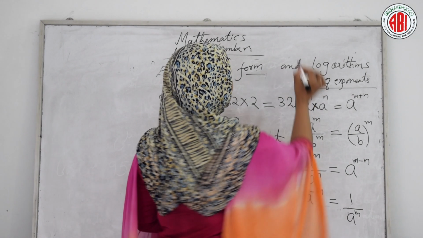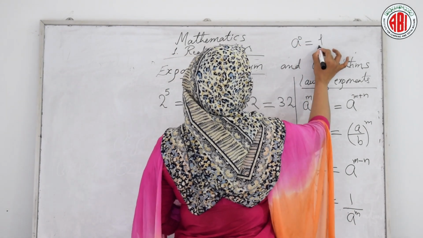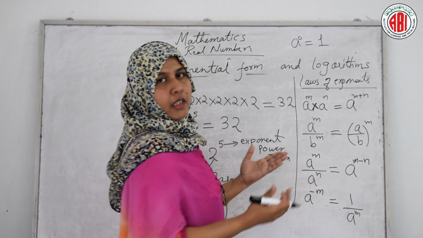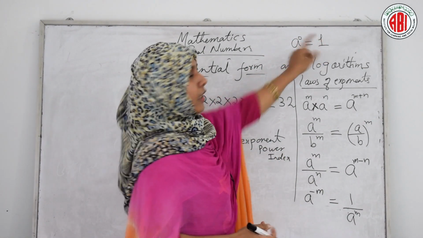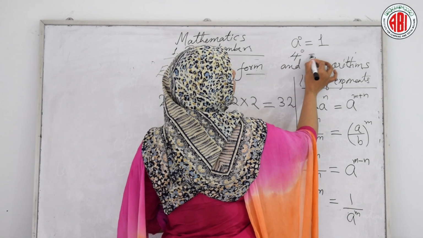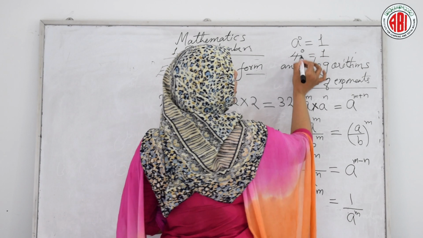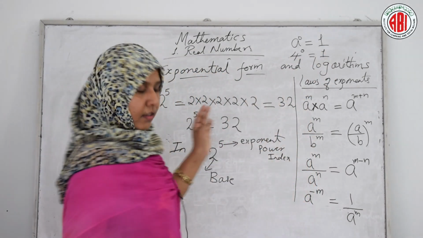And one more: a to the power 0 is nothing but 1. Any number to the power 0 is always 1. Like if I write 4 to the power 0, it is not 4, it is always 1.